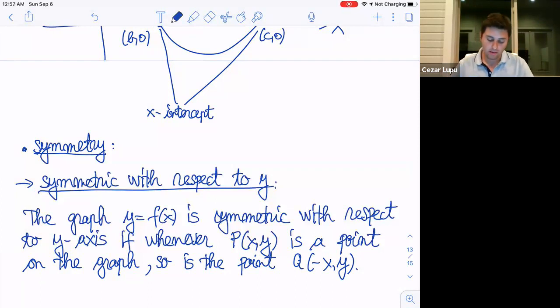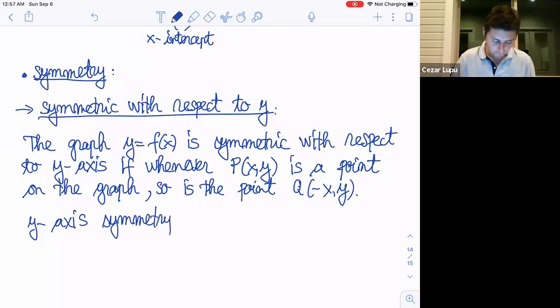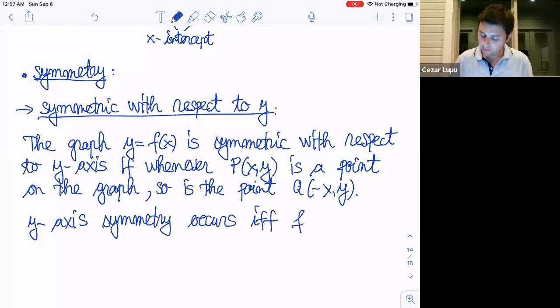And we will say that y-axis symmetry occurs if and only if, and this will be very important, f of x is the same as f of negative x.